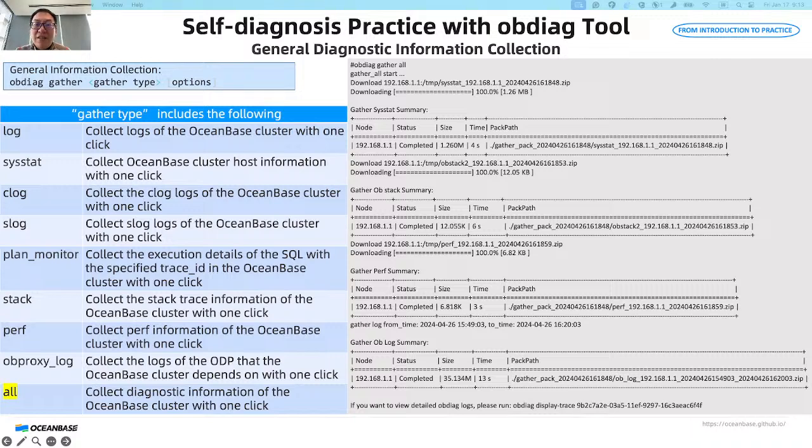As you can see in the table on the left, obdiag can collect various types of information, including logs of the entire cluster, cluster host information, execution information of the cycle with a specified trace ID, and select trace information and others.